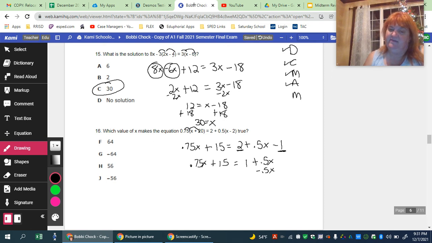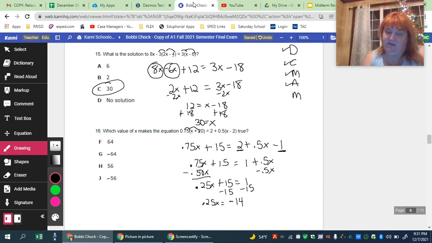Minus 0.5x, minus 0.5x. That's going to leave 0.25x plus 15 equals 1, minus 15, minus 15. Oh, because I'm adding or subtracting. 0.25x equals negative 14, right?